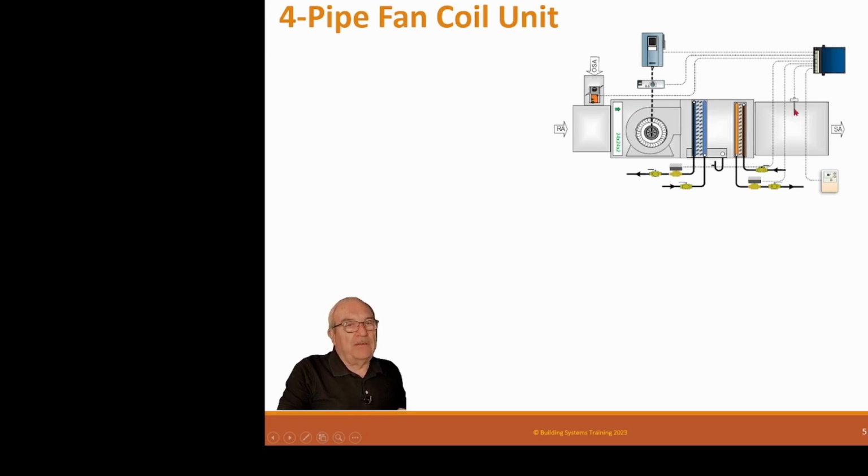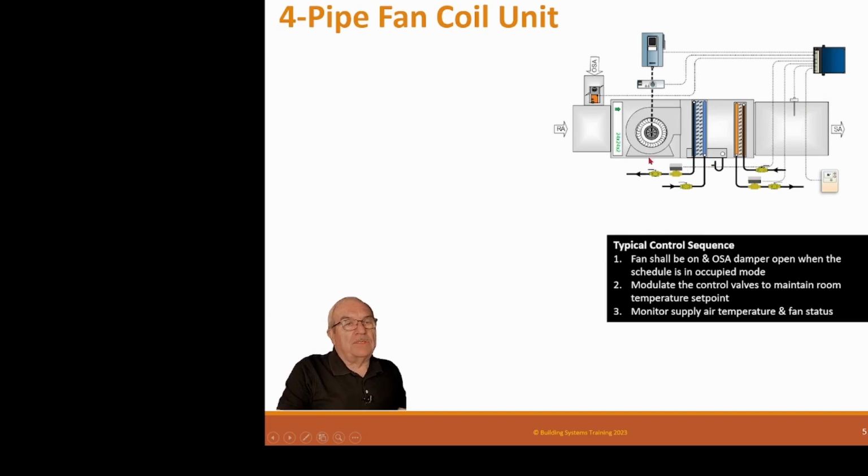And again, we have that supply sensor as a monitoring point. It's a supply duct temperature sensor. Again, the sequence on this: the fan shall be on and the outside air damper open in the occupied mode. Modulate the control valve to maintain room temperature set point. Monitor supply air temperature and fan status.